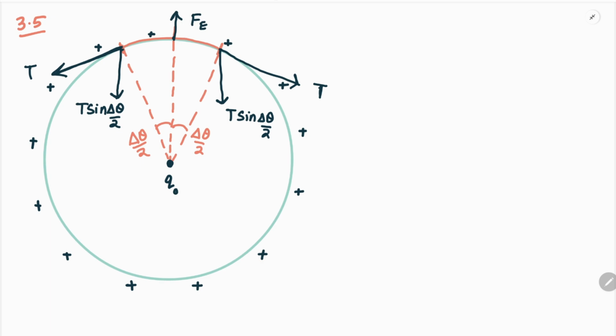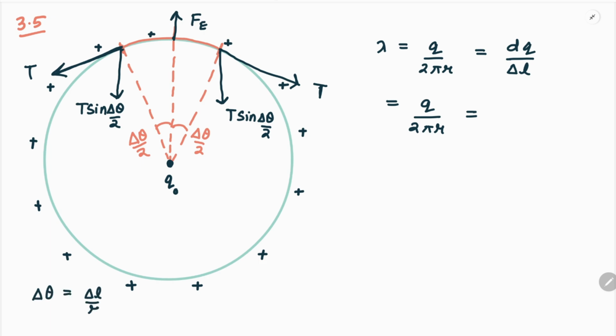So the next aspect that we discuss is what is the charge that we have on this surface. For that we write lambda equals charge per unit length, which is equal to q upon 2 pi r, and this is equal to dq upon the length of this part which we are taking as delta L. So delta L can be written as, using the fact that angle delta theta equals arc length upon radius, delta L is equal to r delta theta.